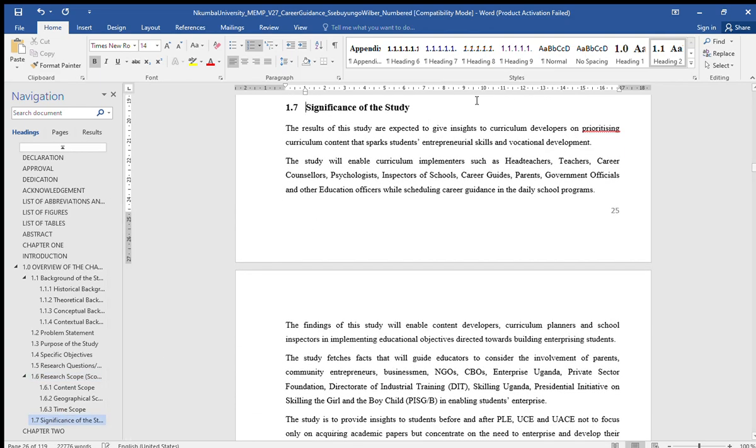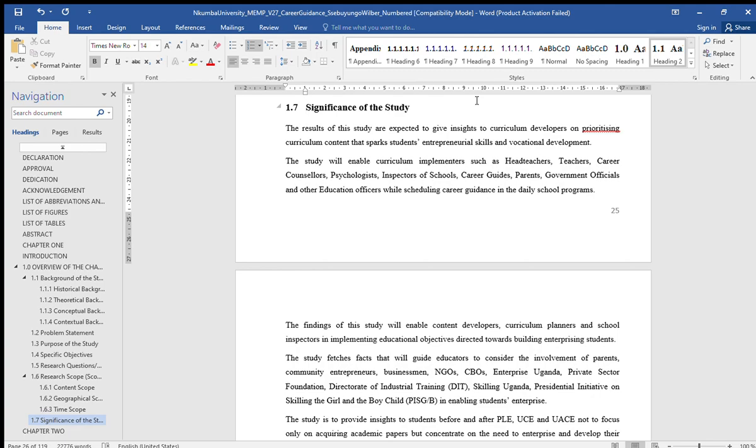After that, you have 1.7 the significance of the study. We have always had a discussion with my fellow teachers of research on whether students should include what we call justification of the study.